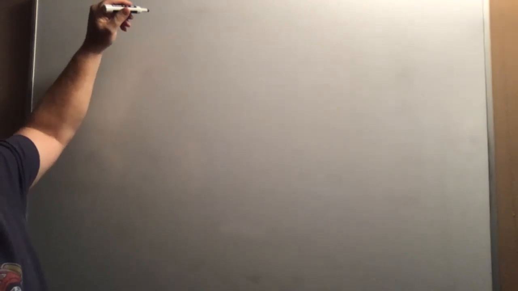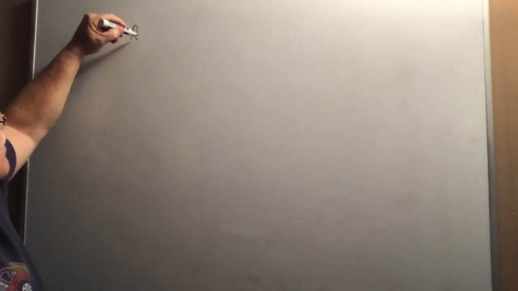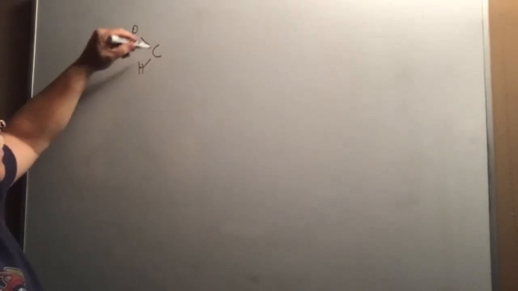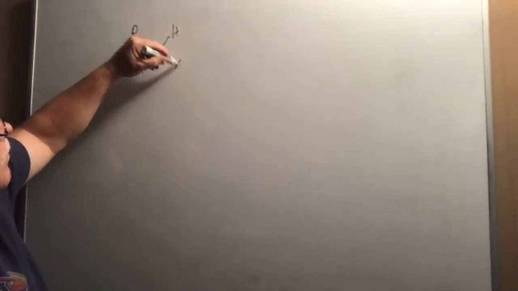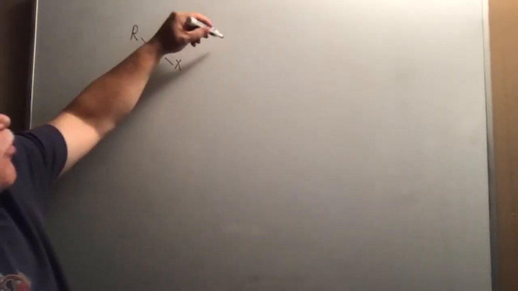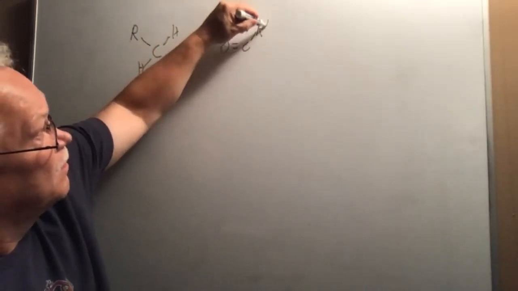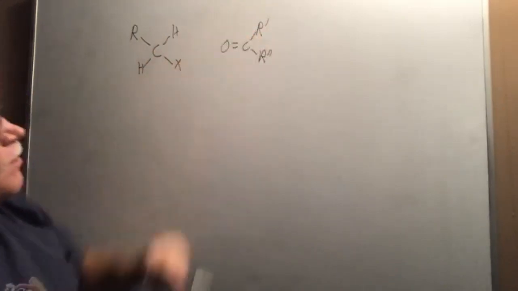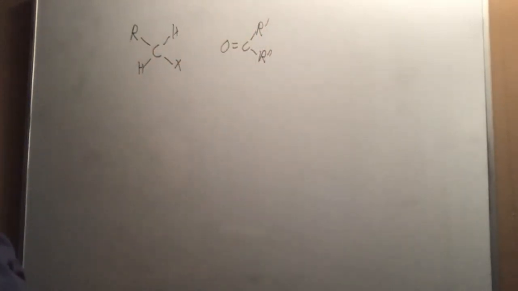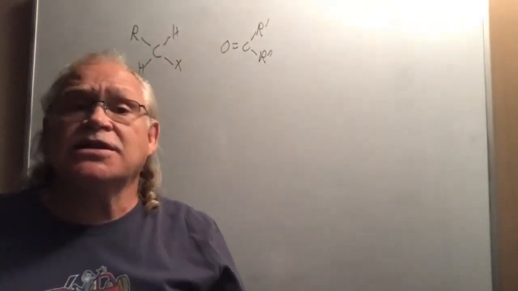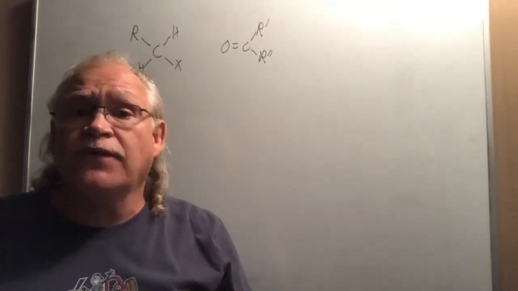I'm going to write my alkyl halide like this, and I'm going to write my ketone like this. What happens, and this is not the way it happens, this is the overall result of this reaction.